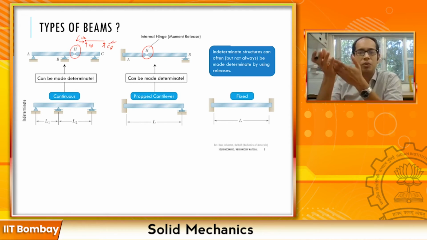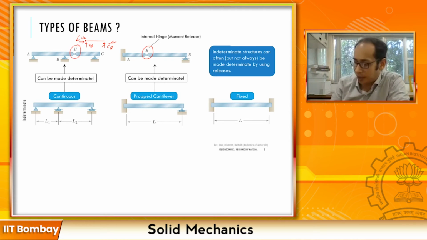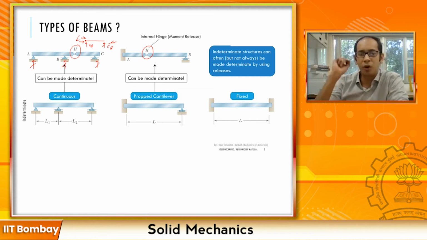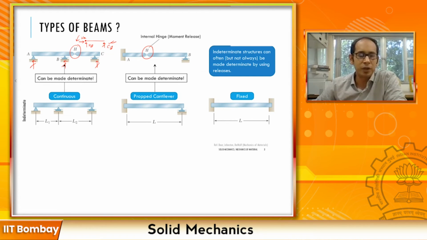So initially you had three unknowns, but once you have placed this particular hinge over here, your structure is now a statically determinate structure. So based on these Hx and Hy, if you take the moment at this point, you can calculate Cy. Once you know the reaction Cy, the others can be obtained from the equations of equilibrium.